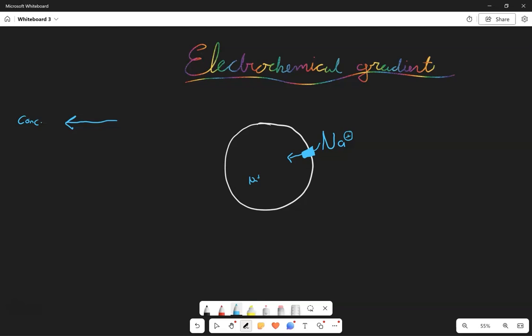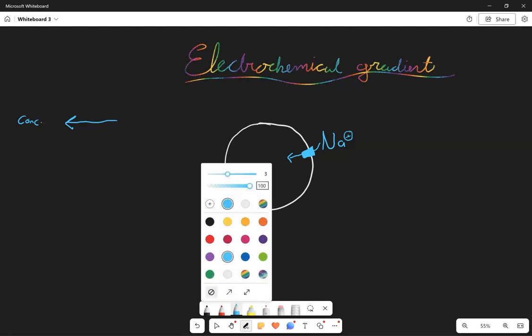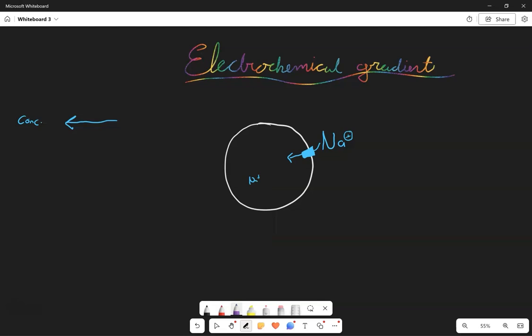Okay? So what happens, though, if I put some more stuff inside of this cell, and we won't say what it is, but generically, whatever it is, it has a positive charge. And we put a whole bunch of positively charged things inside of this cell, right?